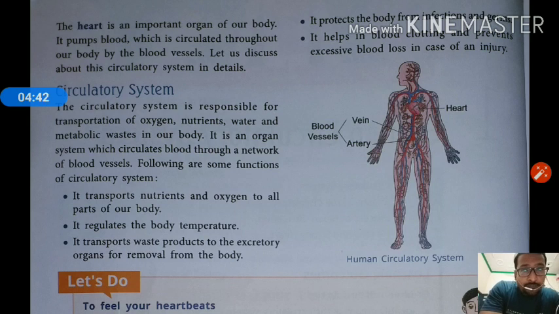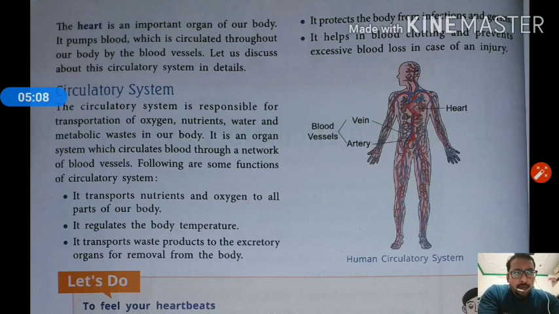It transports waste products to the excretory organs for removal from the body. Also, it protects the body from infections and germs. It helps in blood clotting and prevents excessive blood loss in case of injury.